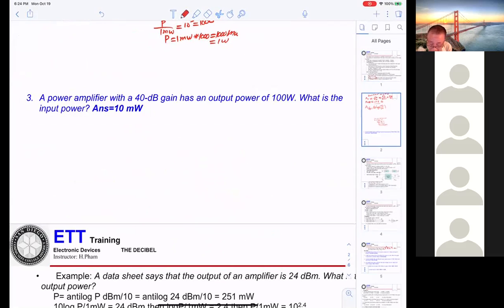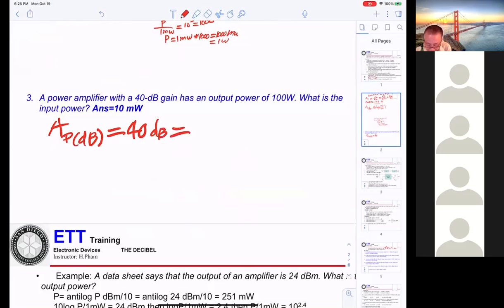So now you get a power amplifier with 40 dB gain. So you get A_P dB equal to 40 dB.